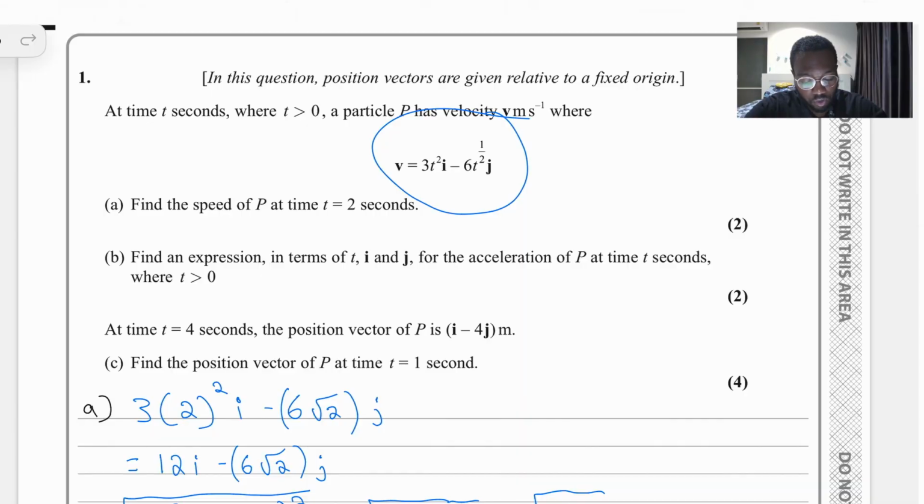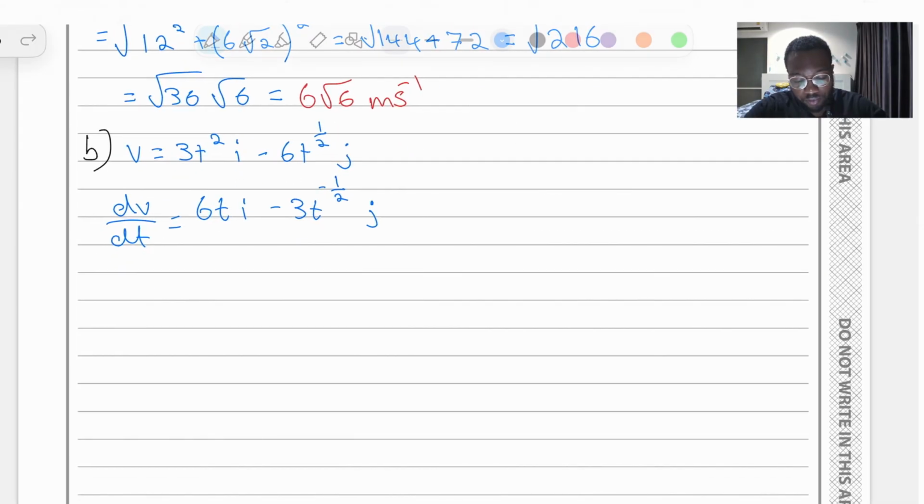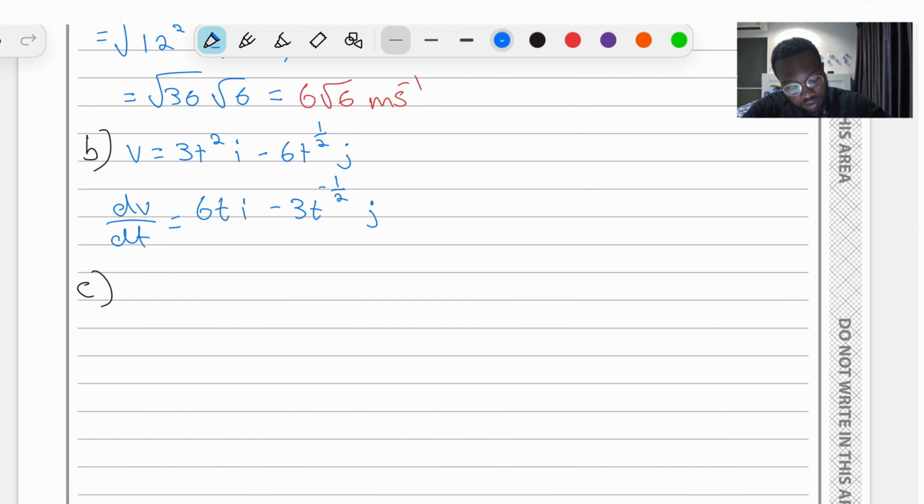If I write that here for part C, s would be integrating v with respect to t. So s is the integral of 3t squared i minus 6t to the half j, with respect to t. If we integrate 3t squared, we get t cubed, and we have the i here.